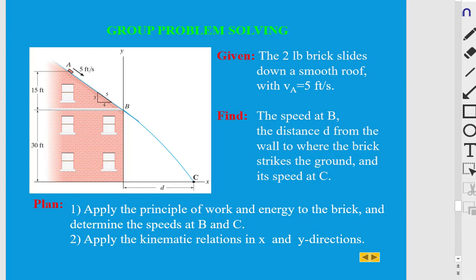This is in FPS units. We have a 2-pound force brick sliding on a slope, with geometry given here as 3, 4, 5, and it has an initial velocity of 5 feet per second. It asks for the speed at point B, and also how much distance is traveled from B to C. So there are two parts: how much is this D, and how much is this velocity over here?